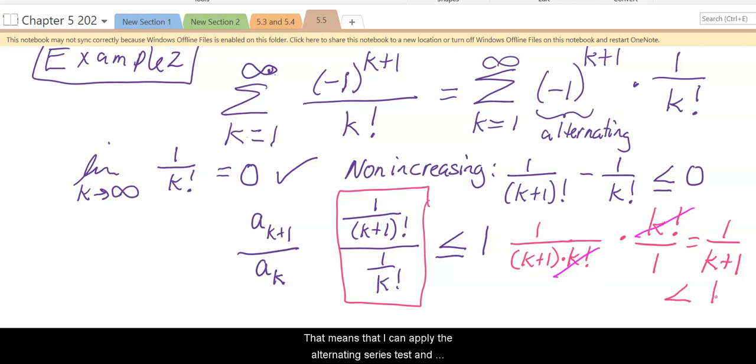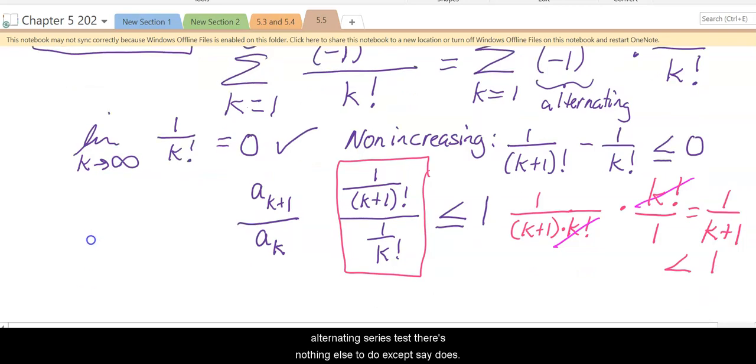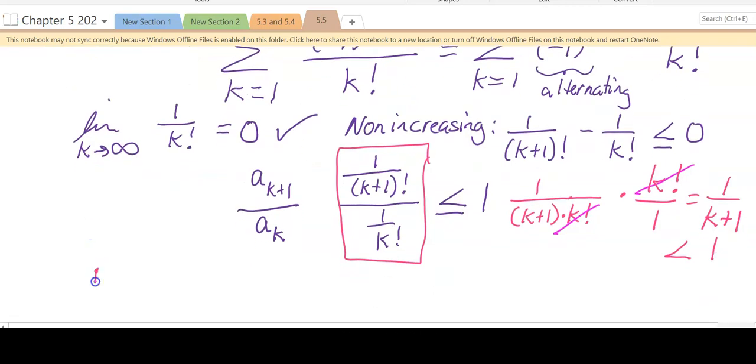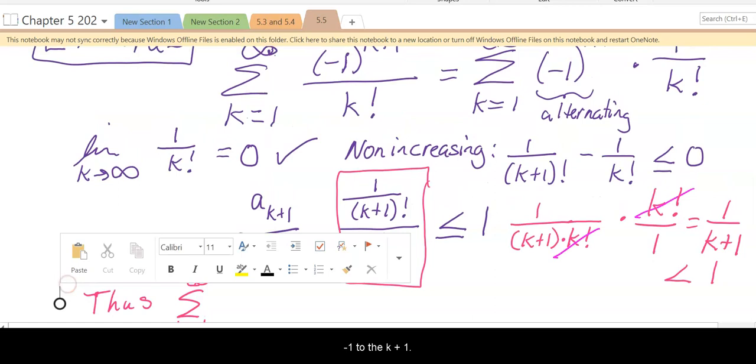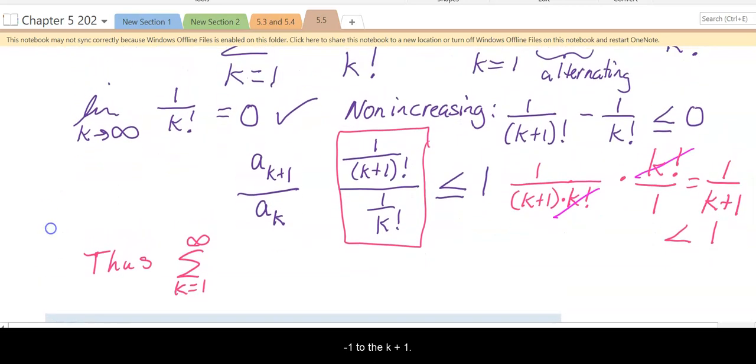That means that I can apply the alternating series test. And in fact, once you've met the three conditions of the alternating series test, there's nothing else to do except say, thus, the series from k equal 1 to infinity of negative 1 to the k plus 1 divided by k factorial converges by the alternating series test.